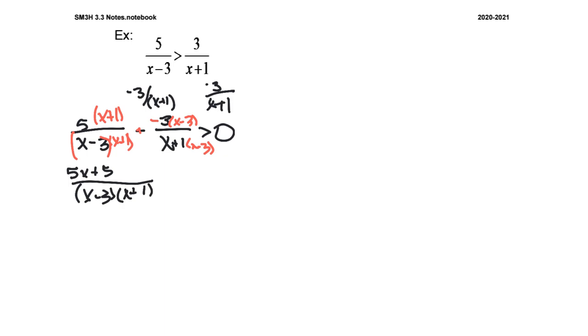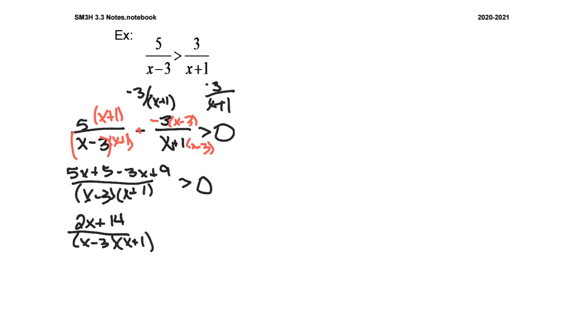So I can combine the numerators. So I'm subtracting 3x and adding 9. So I'm going to clean this up a little bit by combining like terms, and I get 2x plus 14 over x minus 3, x plus 1.